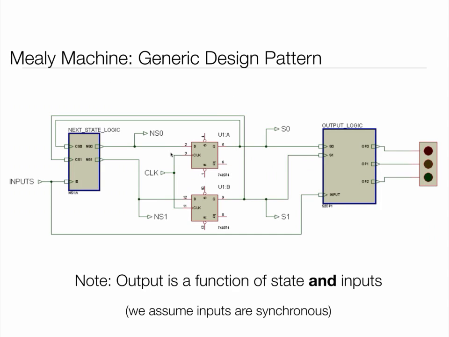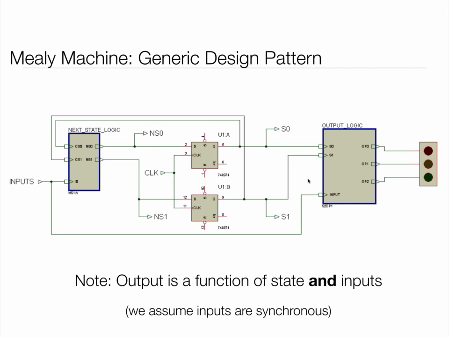For a Mealy machine, I've added this extra wire. And what this does, it essentially says that the output is a function of the state and the inputs. So if I change an input in a given state, I might see a change in the output. That might seem a bit odd. Now we are making an assumption here. We're assuming that the inputs don't change at inopportune moments.